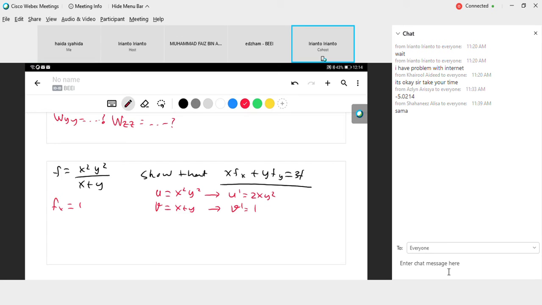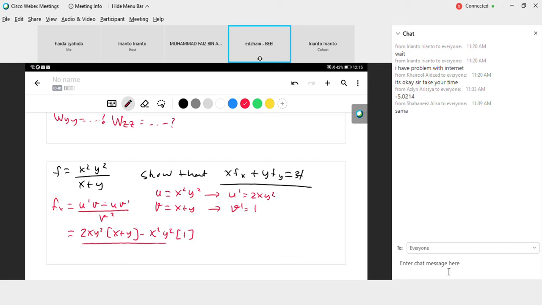The quotient rule: u prime v minus u v prime, divided by v squared. u prime is 2xy squared multiplied by v, x plus y, minus u, x squared y squared, multiplied by v prime, 1. All of them divided by x plus y squared.